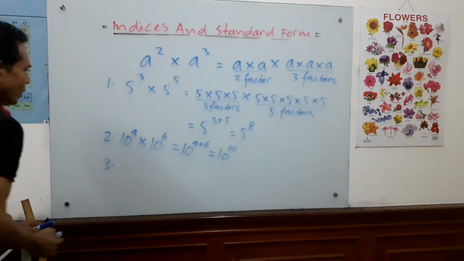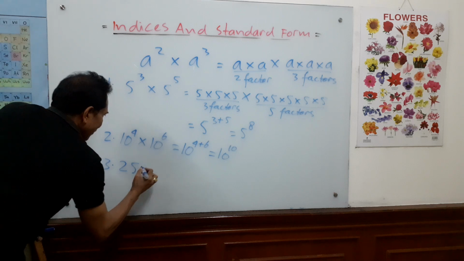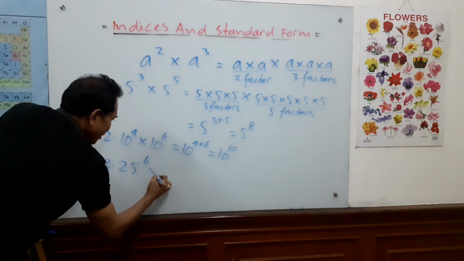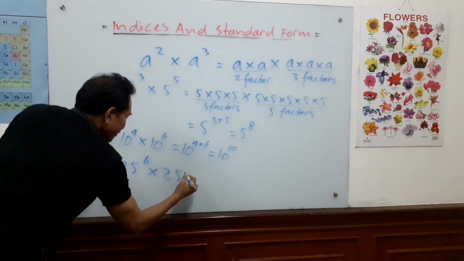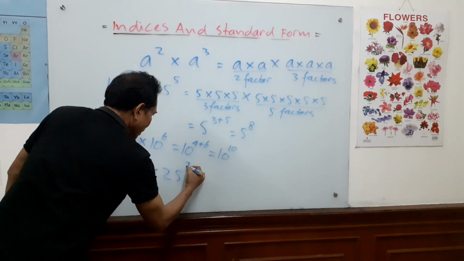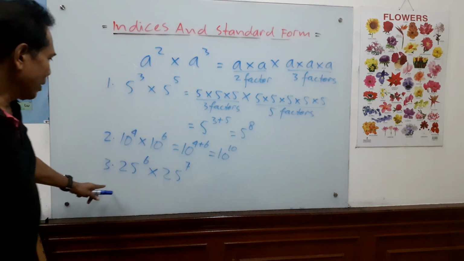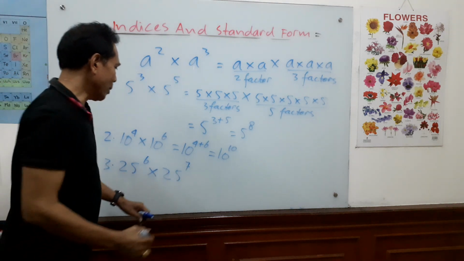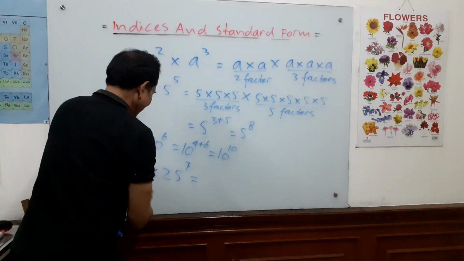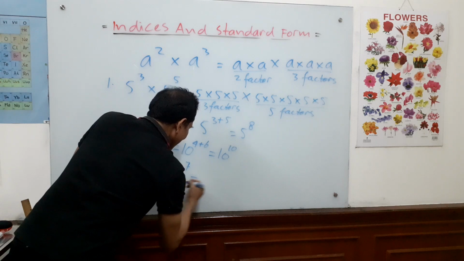One more question, okay? We have 25 power 6 times 25 power 7. Remember, this one has 6 factors and this one has 7 factors.